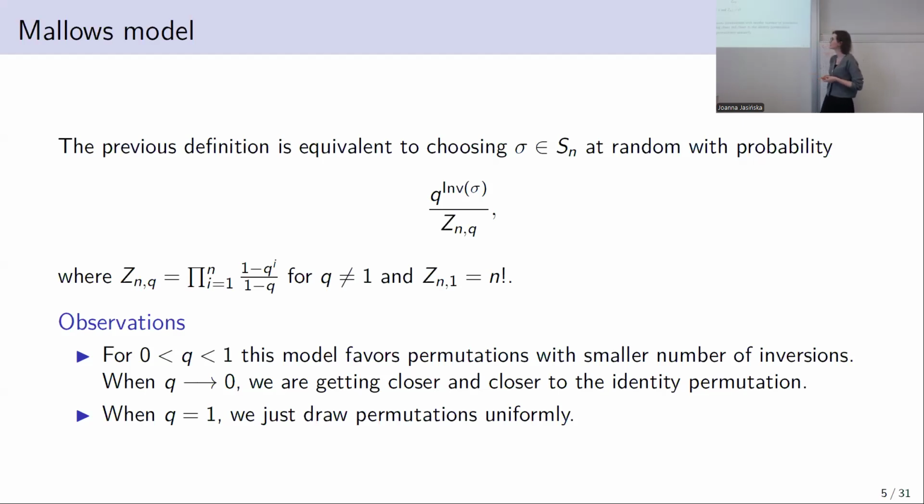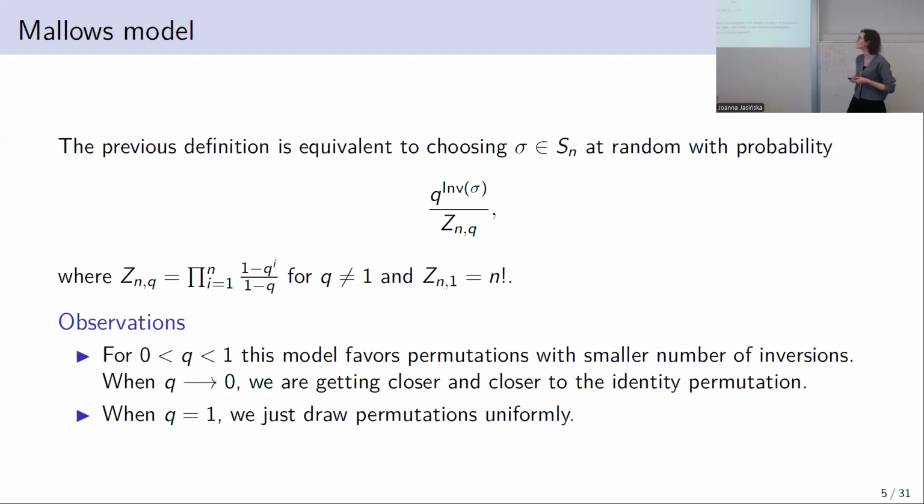So a couple of observations about this model. For example, we can notice that if q is in this regime that I want, between 0 and 1, then this model favors permutations with a smaller number of inversions. If I have a number that is tiny, between 0 and 1, then the bigger the power, the smaller the value, right?